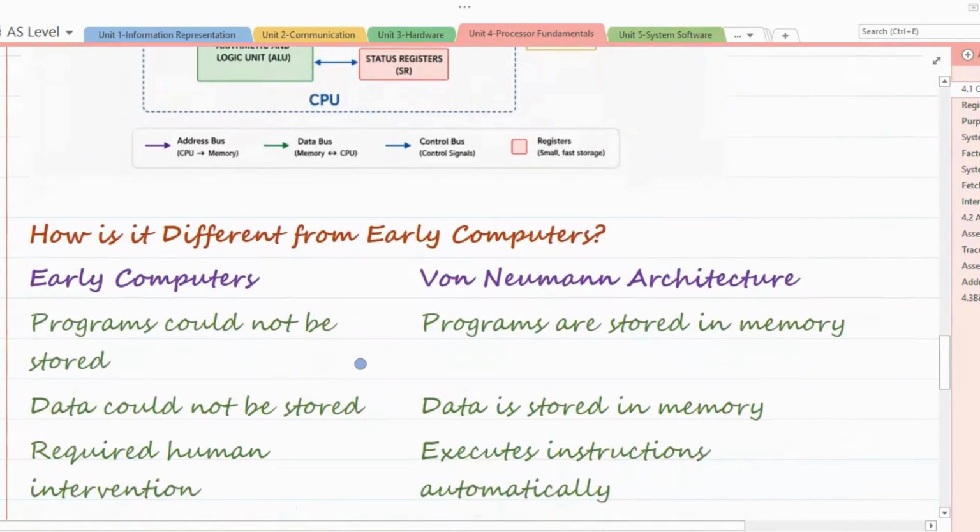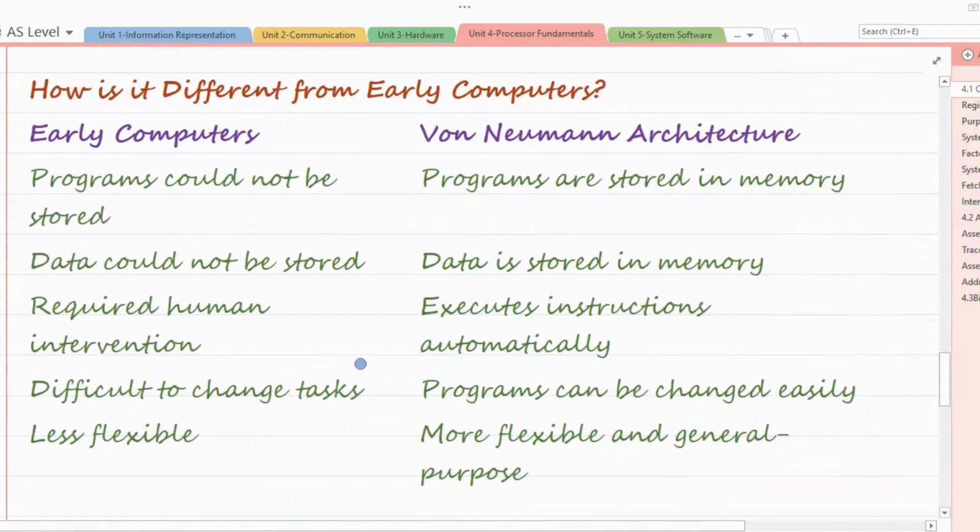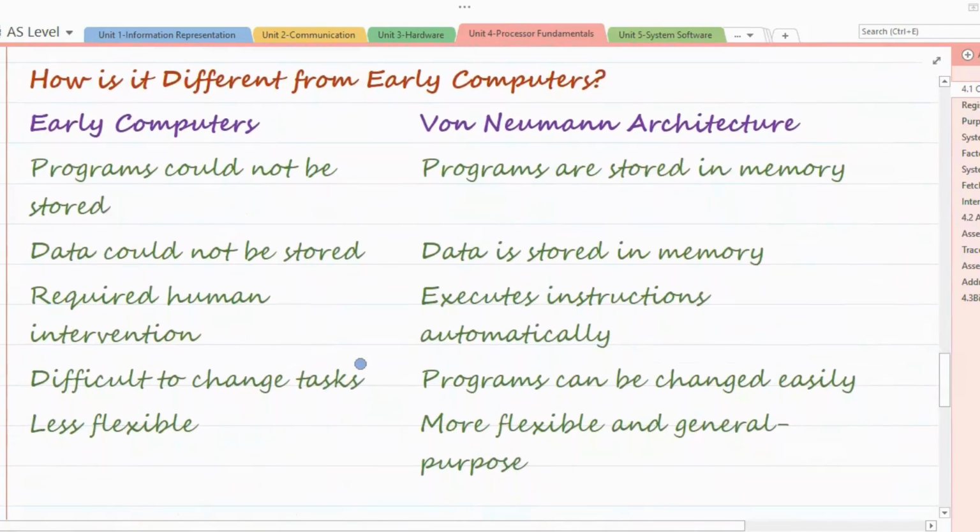Now, I have created a table where you can clearly understand how von Neumann architecture is different from early computers. This side is for early computers and this side is for von Neumann architecture. In early computers, programs could not be stored. However, in von Neumann architecture, programs are stored in memory. Data also could not be stored in early computers, but in von Neumann architecture, data is stored in memory.